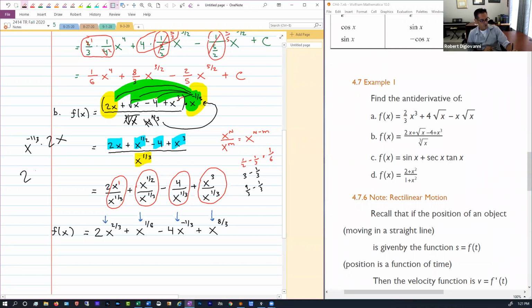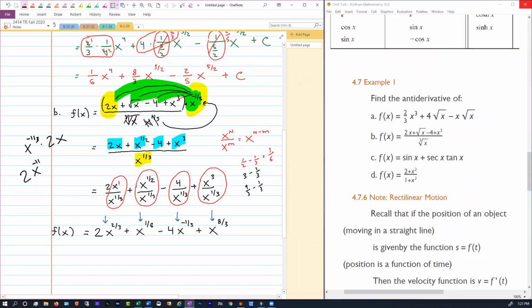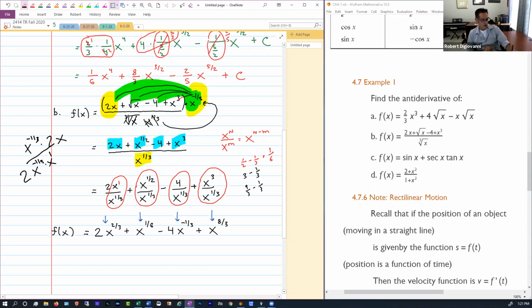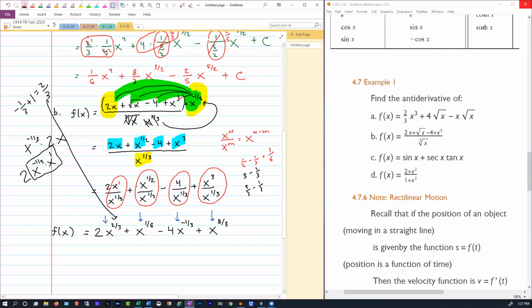So I'd have a 2, and then 3/3 minus 1/3 would be 2/3. Yeah, this right here, we don't subtract the exponents, we add them, right? So you're doing negative 1/3 plus 1, and that's going to be 2/3. Okay. Cool. Thank you. That matches.